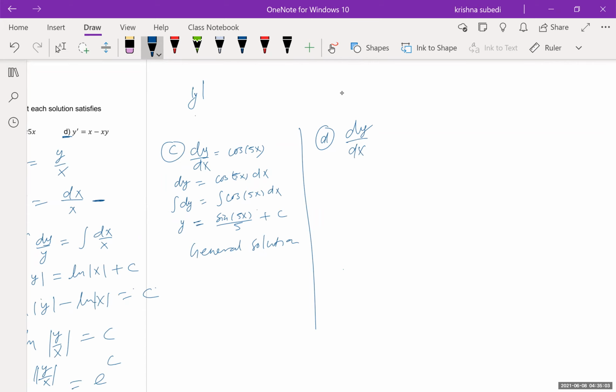So dy over dx equals x, you can take common, so 1 minus y. And now try to separate them, okay? y dy one side and x dx to the other side, and then integrate. And let me know what is the answer.